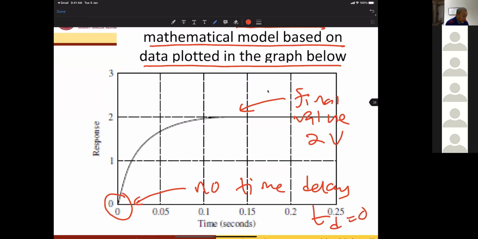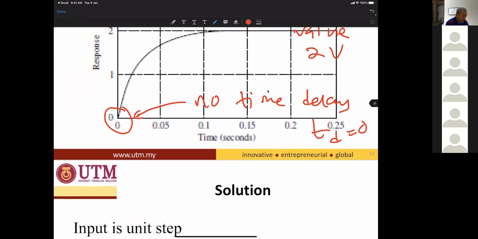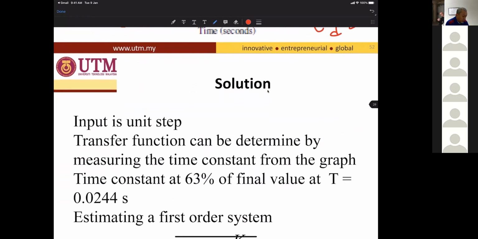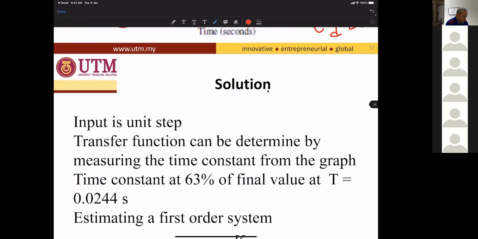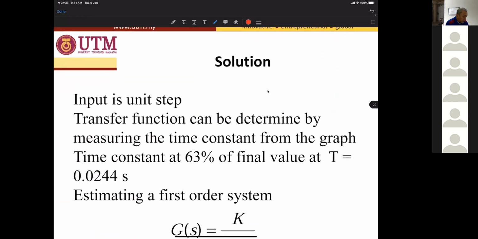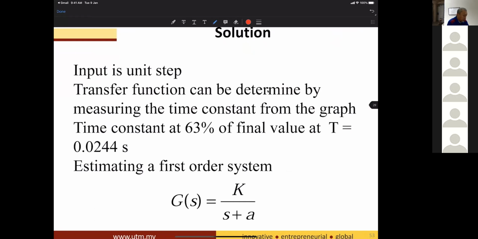So we're going to identify the mathematical model or transfer function that fits the data given. The input is a unit step, 1 volt. The transfer function can be determined by measuring the time constant from the graph. The time constant, as we know already, is 63% of the final value.